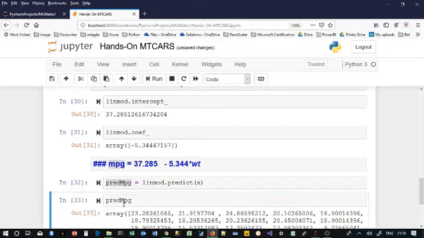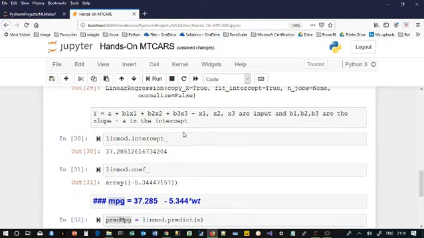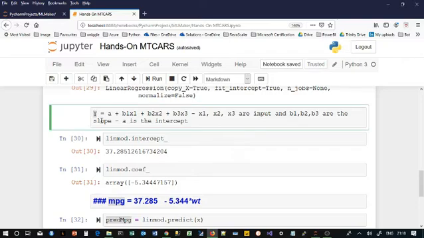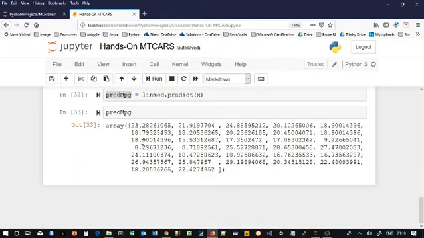Now for each of my 32 cars, I have predicted miles per gallon. I already have my original miles per gallon sitting in the y field. So what do I make sense of? What do I do with this?